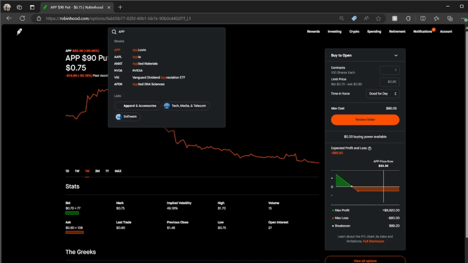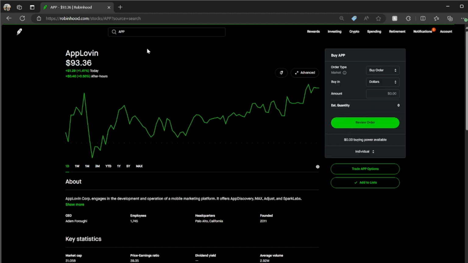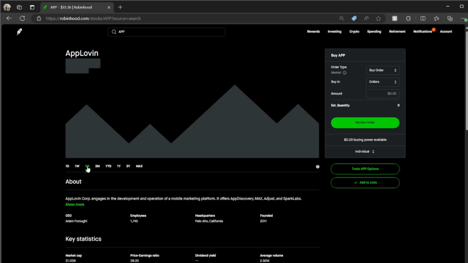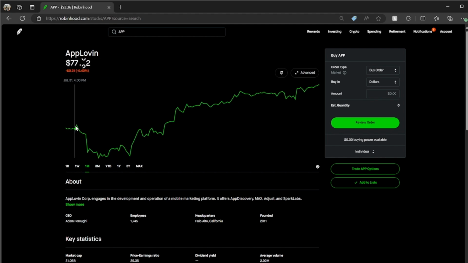And let's look at the reason for this. Let's look at the last month stock price. So you can see here we're trading in the 70s, down to 69, 66, 67. Then they had earnings. Stock price went up, and that's that $90 put. We're currently trading at 93.66.